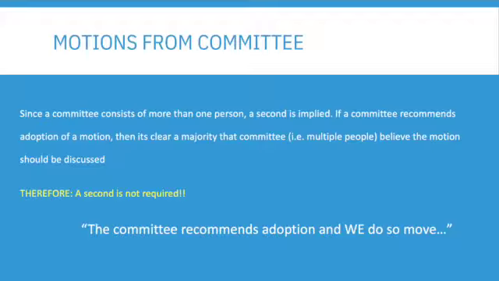Therefore, according to Robert's Rules of Order, a second is not required. So the person who stands representing the committee will say, the committee recommends adoption and we do so move. So it's coming from a group.